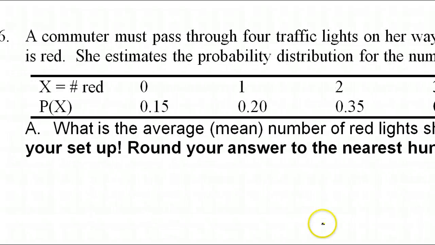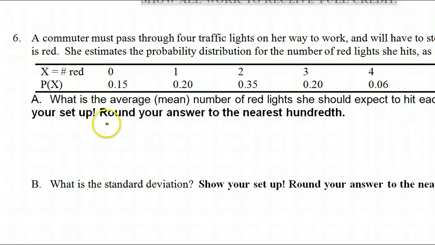Okay, so the mean. Better zoom out a little bit. Okay, so the mean is found by doing the sum of x times p over and over again. All right, these are x's, and the second row is my p's. So if I did the sum of x times p, that would be like having 0 times 0.15.